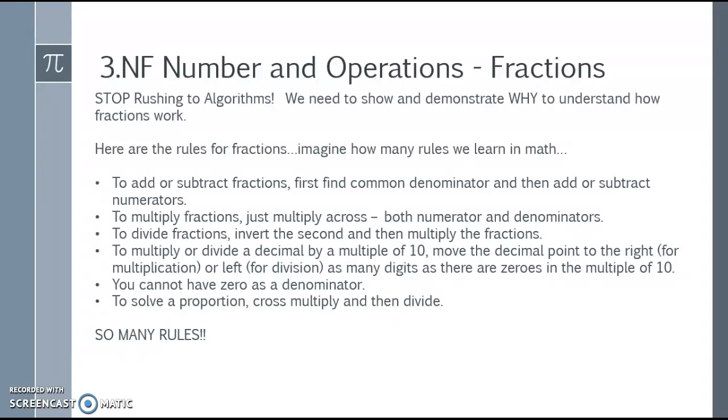So many rules, and these are just fraction, proportions, and decimal rules. Let's not even talk about algebra rules and other types of things that students have to cram in their brain. So if we allow the students to develop a deeper understanding of number reasoning or number sense, students will be a lot better off within their overall reasoning if answers are correct, if they're not, and why.